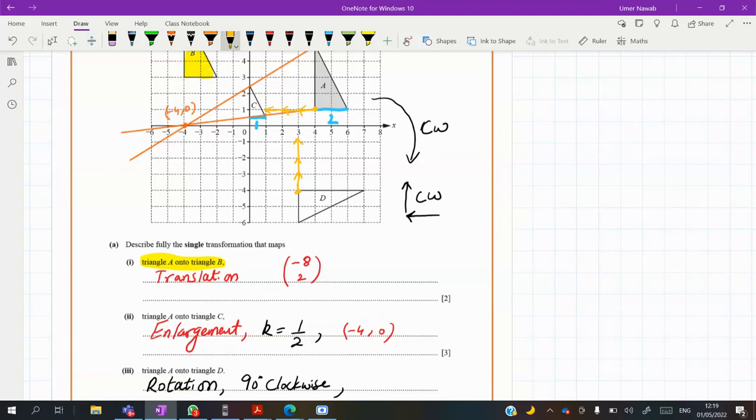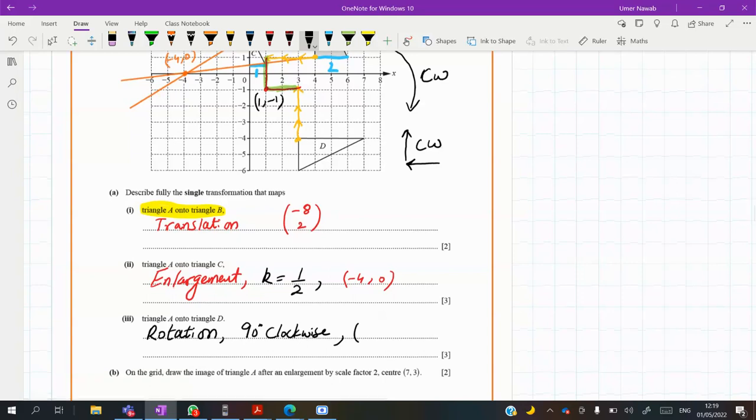Imagine, guys, now we have the same distance. What is the same distance I am having? 2 units here, 2 units here. So when you get the same distance, that point is your center. So 1 and minus 1.